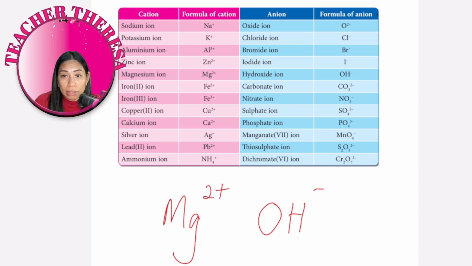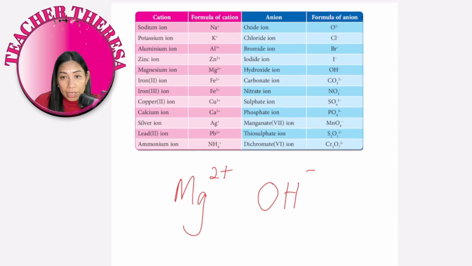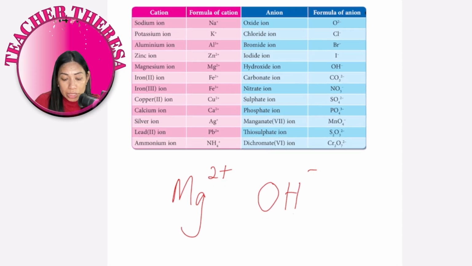This is one method. Cross means you use the value of the charge. Magnesium is 2, you write 2 at the bottom. If negative, that means it's 1. So you cross and then you will get magnesium. Because hydroxide is a polyatomic ion, it must be in brackets. So OH2, with the subscript at the bottom.